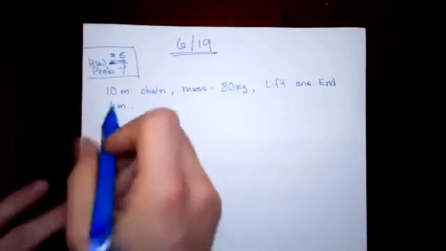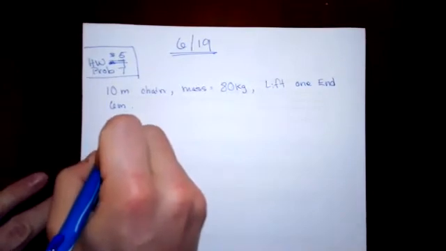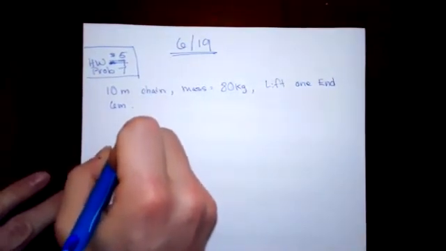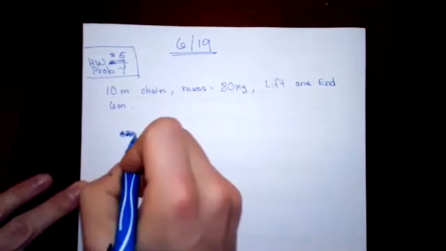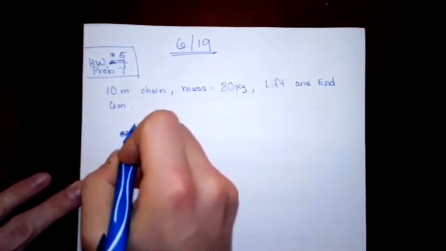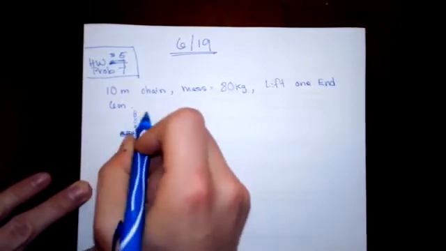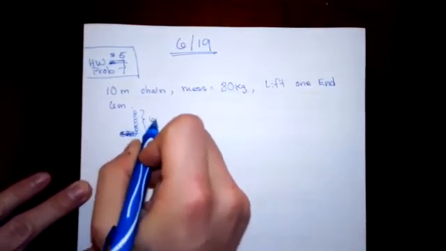So the way you can think about it is there's just this chain, piled up sitting on the floor. And then we're taking one end and we're just lifting it up to a height of 6 meters.